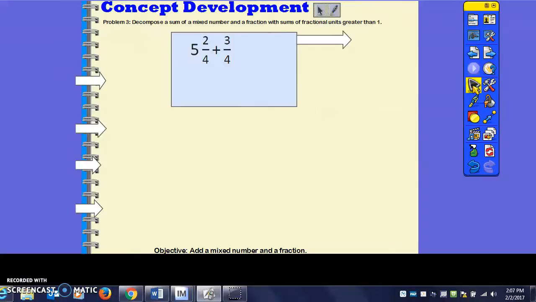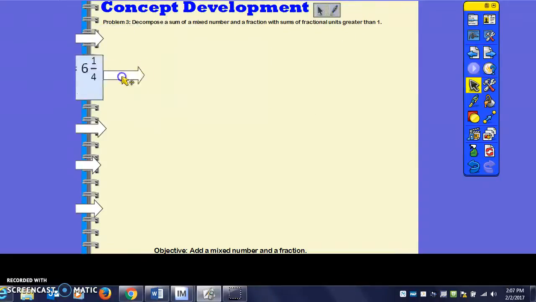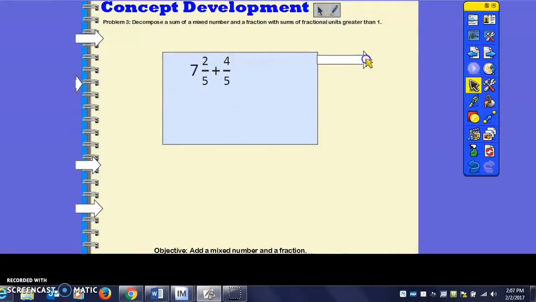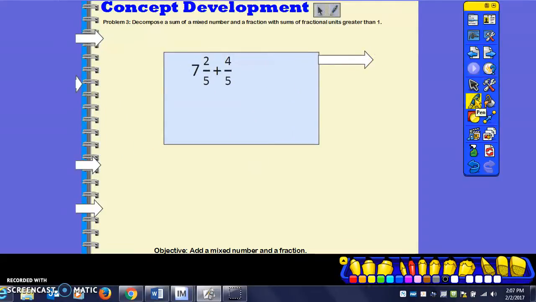Let's try another one. 7 2/5 plus 4/5. So let's go ahead and just add that. What do you get? 7 wholes and 6/5.